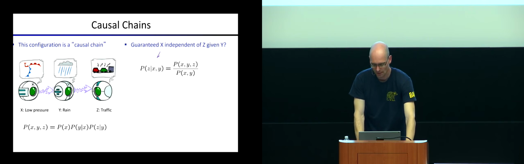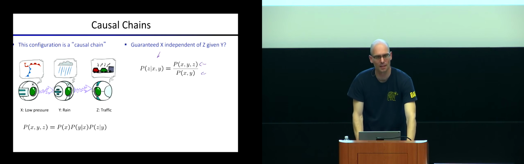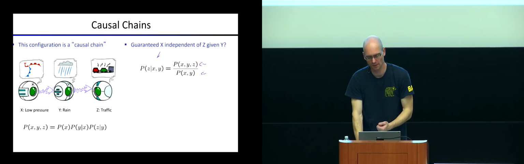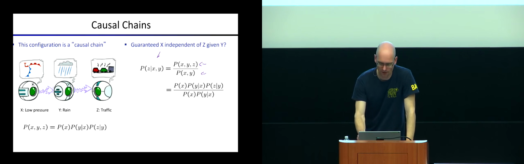Conditional of Z given X and Y, by definition, is equal to the joint of X, Y, and Z divided by the joint of just X and Y. Now for each of those, we can fill in how they are represented in the Bayes net. The joint of X, Y, and Z is the product of what's shown on top there, and the joint of X and Y is the product of what's shown at the bottom.